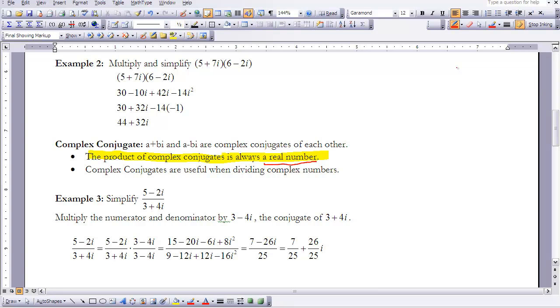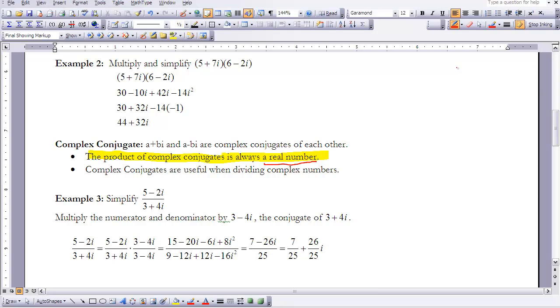We have some rules, and one of the rules is we don't have an i in our denominator. So we need to get rid of this 3 plus 4i down here. We don't want to have that. We want to simplify that. So we want to multiply the numerator and denominator by something that's going to get rid of this. And we know that if we multiply by a complex conjugate, we'll get a real number down there.